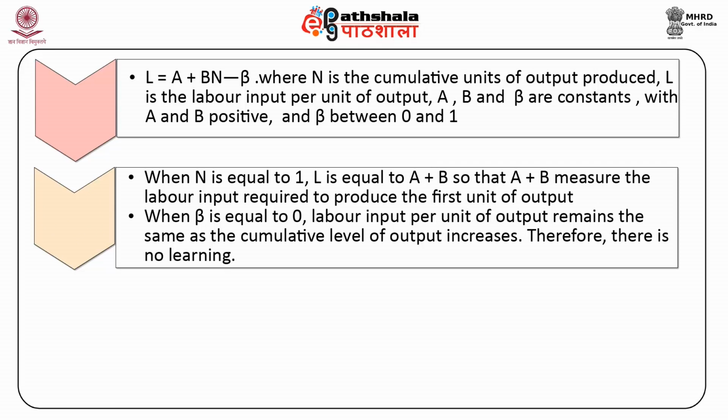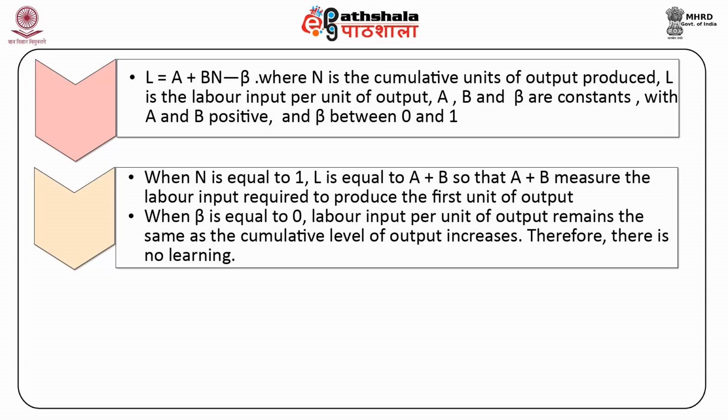When n is equal to 1, L is equal to A + B, so that A + B measures the labor input required to produce the first unit of output. When β is equal to 0, labor input per unit of output remains the same as the cumulative level of output increases. Therefore, there is no learning.